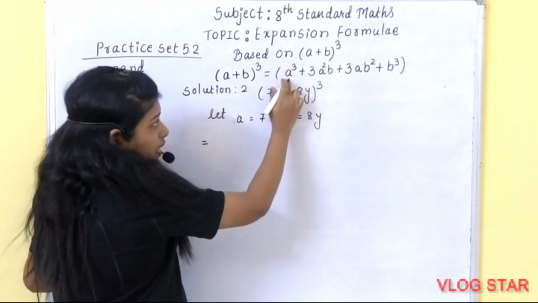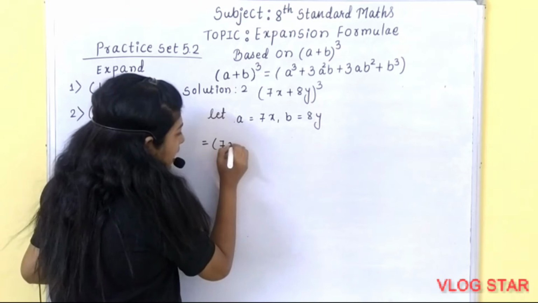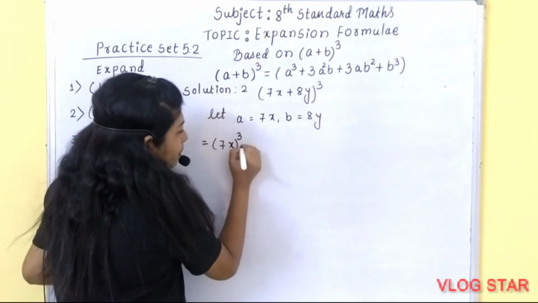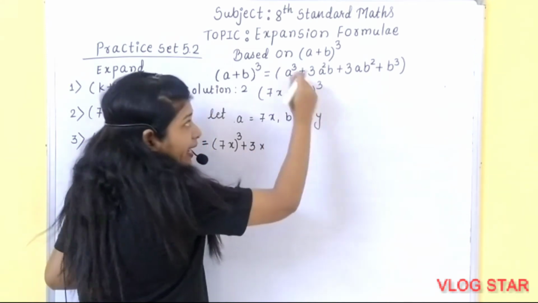So what will you get? a cube, so instead of a, we have to substitute (7x) whole cube, plus 3 as it is into a square.